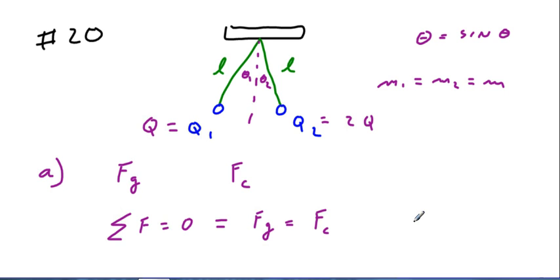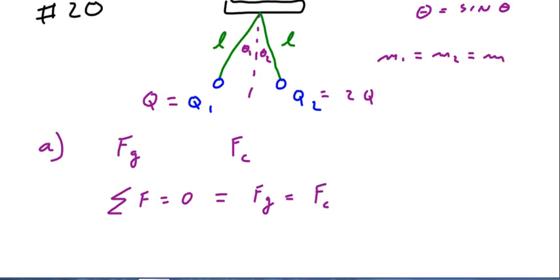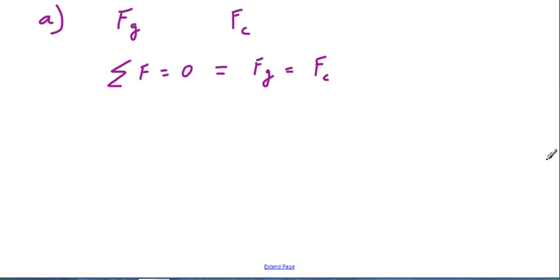All right. So what we're going to do is look at, I've got some, this is Q1, so I got some force going that way, which is the force due to the charge on 1.